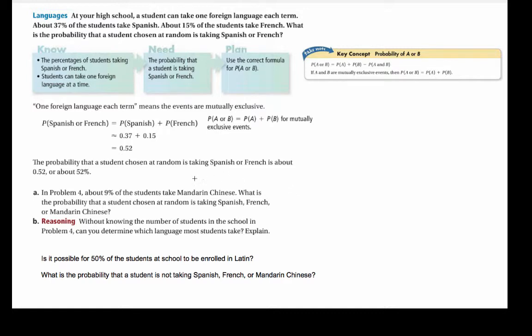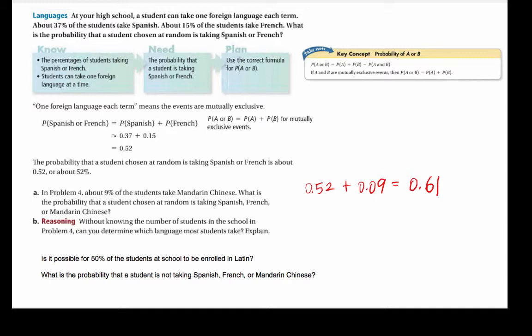From the previous example, we knew that the probability of Spanish or French was 0.52. Now we just need to add the probability of Mandarin Chinese, which is 9%, or 0.09, which gives 0.61. So that's the answer for A. There's a 61% chance that a student chosen at random is taking either Spanish, French, or Mandarin Chinese.